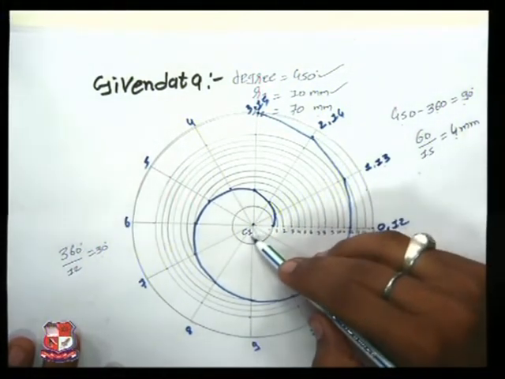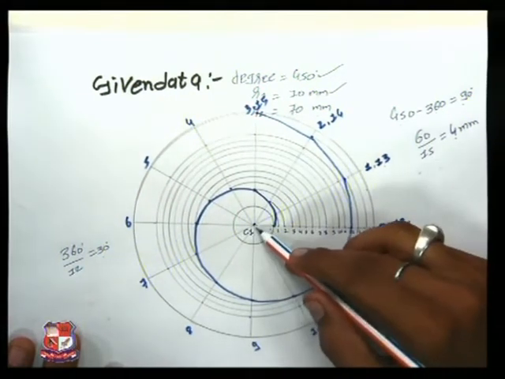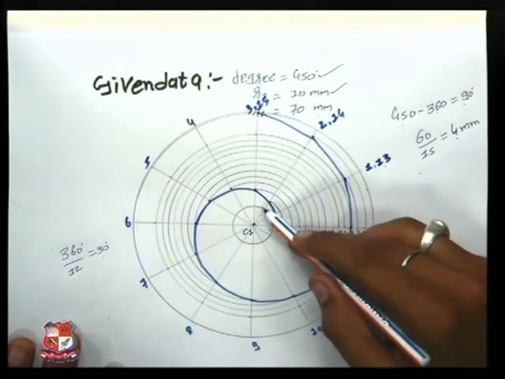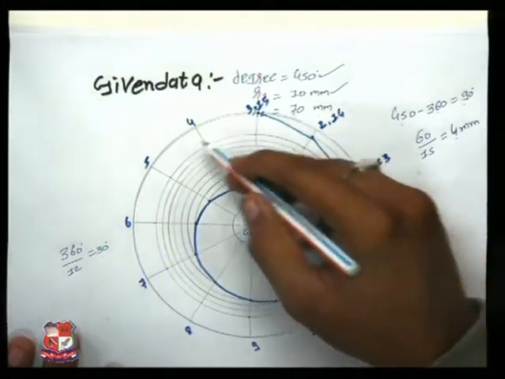Now let's consider this C1 as our center, C1 to 1 as radius, a continuous arc till the first line, and so on.